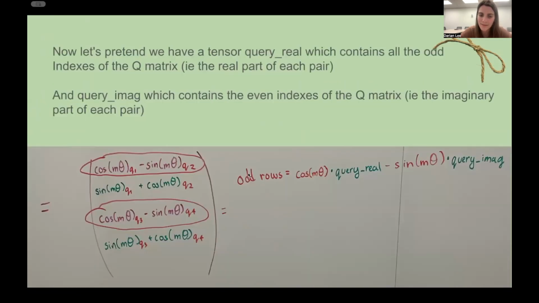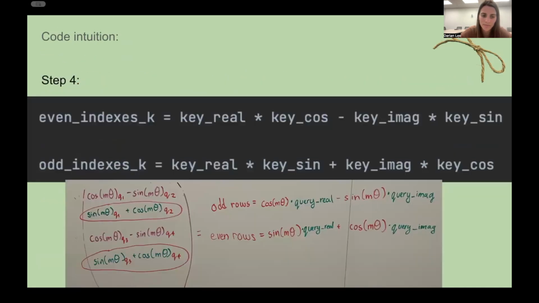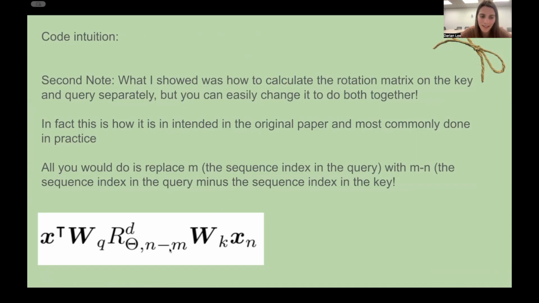You're going to use this during attention in this formula here, except instead of using m, which was the index along the sequence of the query, you're going to be using n minus m, which is the index in the query minus the index in the key.